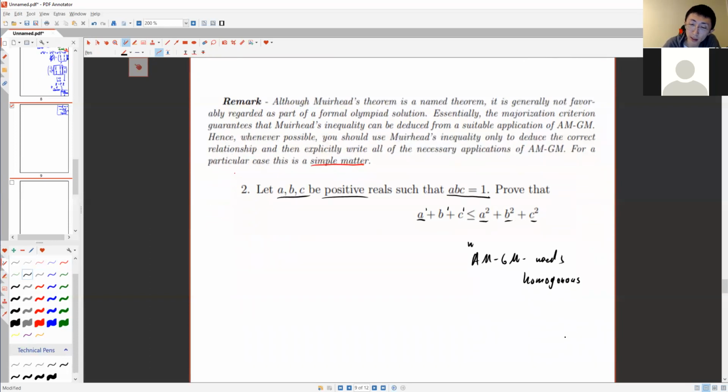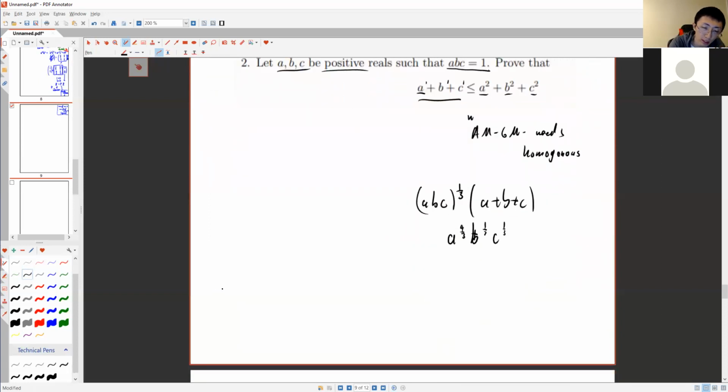So let's multiply the left side by 1, and we'll multiply it in the way that this is a 1/3, so that now it becomes a degree 2 polynomial. Now all the terms look like a to the 4/3, b to the 1/3, c to the 1/3. So the cyclic sum of that, I'm just going to write it out.